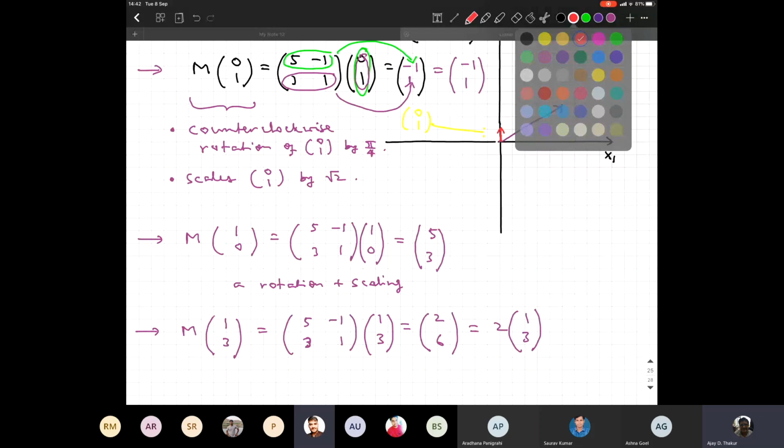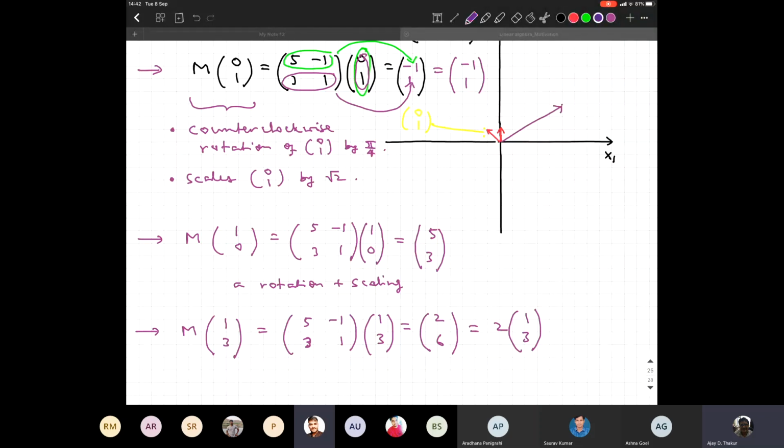So let them be paired up as red and purple, so that we are not confusing ourselves. Similarly, in the second case it was 1, 0. So 1, 0 is this vector. In purple color, this would be 1, 0. And 1, 0 goes over to this vector, which I think, let us erase this a little bit and redraw it.